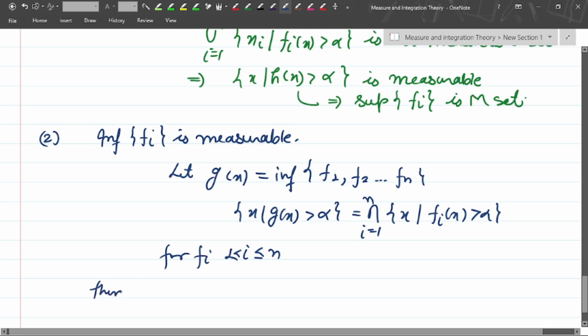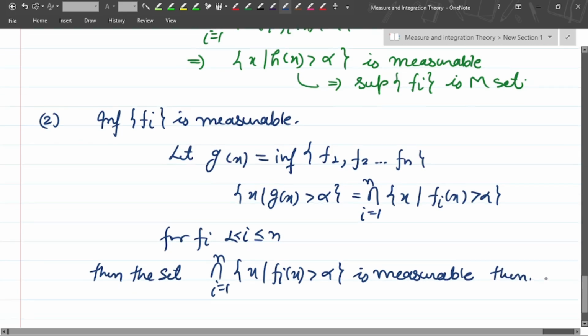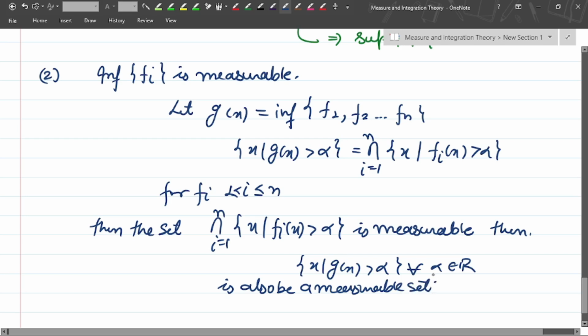Then this intersection is measurable. If it is measurable, then the set of x such that g of x is greater than alpha, for every alpha belonging to the real numbers, is also a measurable set.